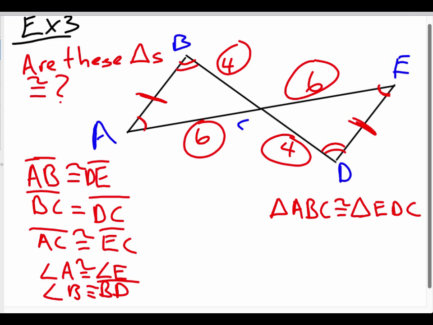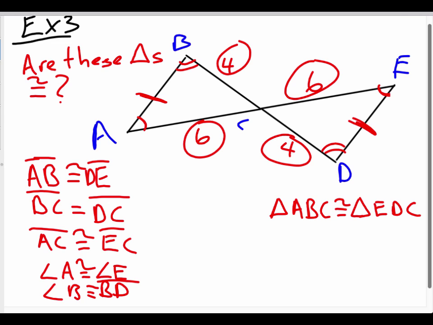So A corresponds to E, B corresponds to D, and C of course corresponds to itself. Okay, so Mr. Adams made a little mistake there. I'm glad I caught it though. It doesn't affect the side lengths because you can measure A to C or C to A. You can measure B to C or C to D or D to C and C to B. Okay, so that was just one little mistake I made.